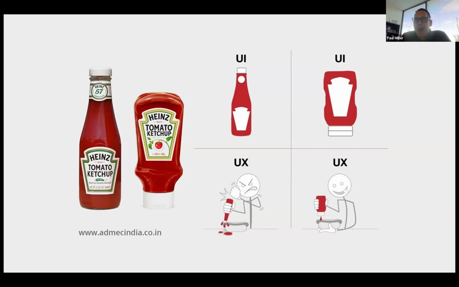But did you know there is a 57 imprinted on the glass that if you tap on the 57 while you're trying to get the ketchup out, the ketchup naturally flows out of the bottle? Well, in many cases, users didn't know that 57 played a specific role in the design of the experience, right?